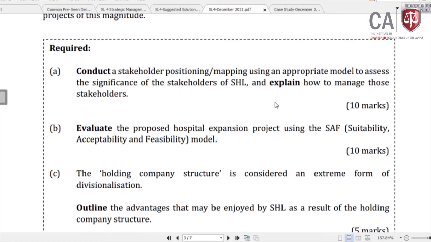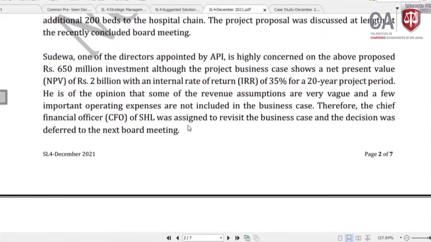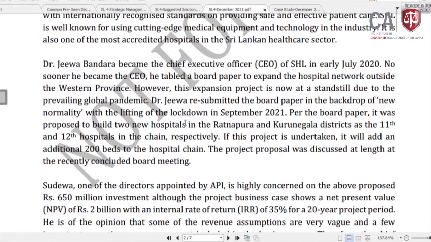So, evaluate the proposed hospital expansion project using the SAFE, suitability, acceptability and feasibility model. Now, we will look at this hospital expansion model. So, we are planning to establish 2 hospitals, no?